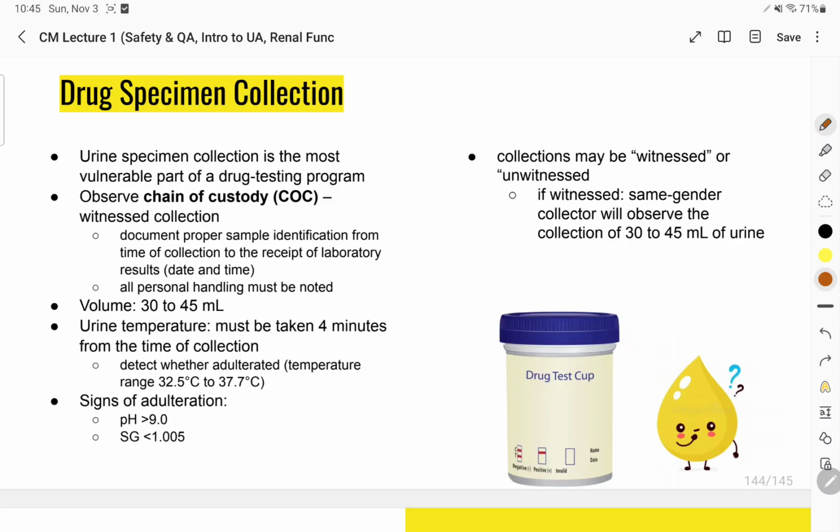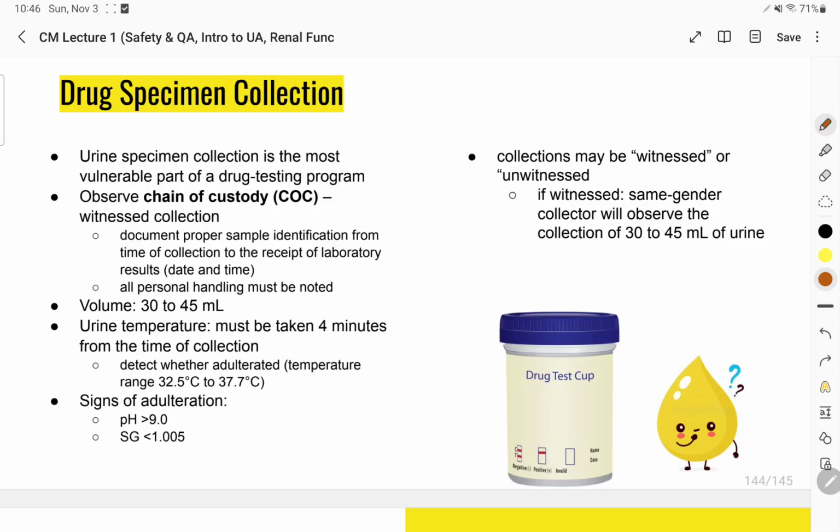And to observe chain of custody, collection could be witnessed or not witnessed. Witnessed collection documents proper sample identification from the time of collection to receipt. Okay? Date and time, and all personal handling must be noted.